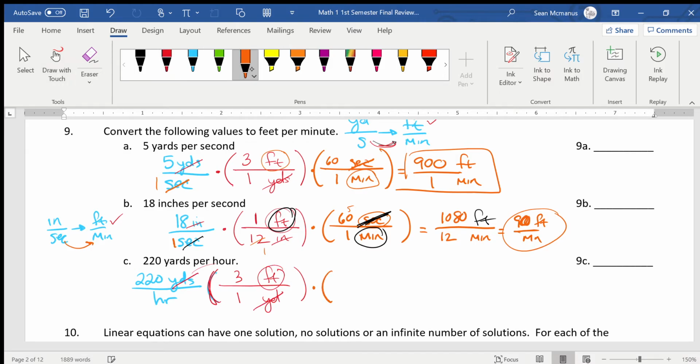And I can go with a conversion factor that changes hours to minutes, and I have to cancel the hours out here, right? 60 minutes is 1 hour.